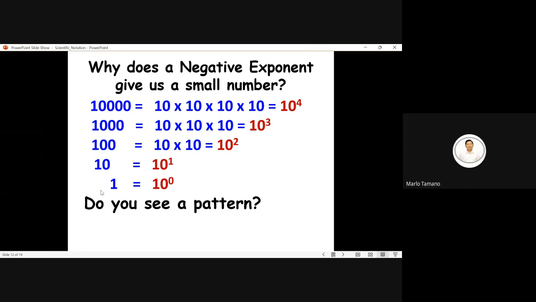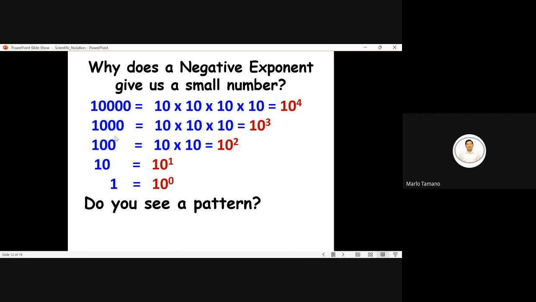You count the base 10: 1, 2, 3, 4. The number of our base 10 is the exponent. Sabi nga natin before, the exponent tells how many times the base is to be multiplied. So 10 to the 4th, and these are the factors: 10 times 10 times 10 times 10.